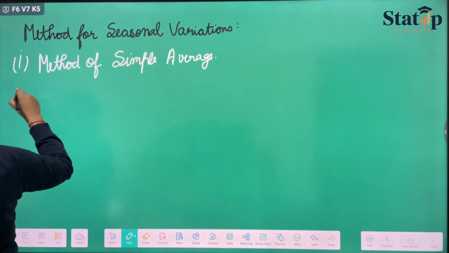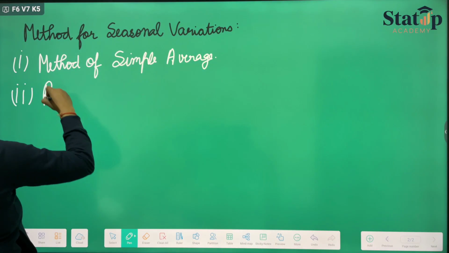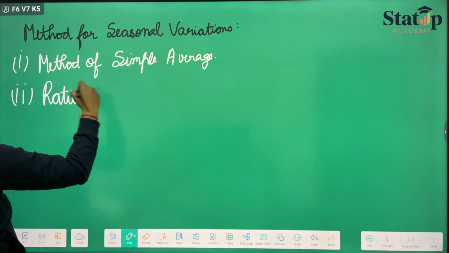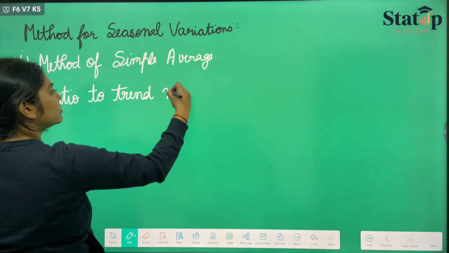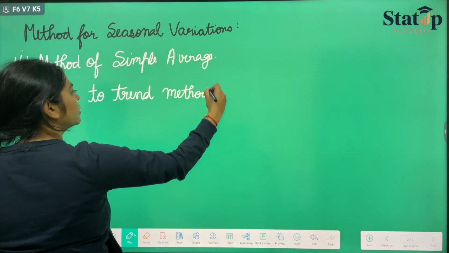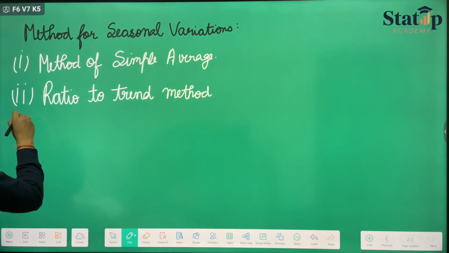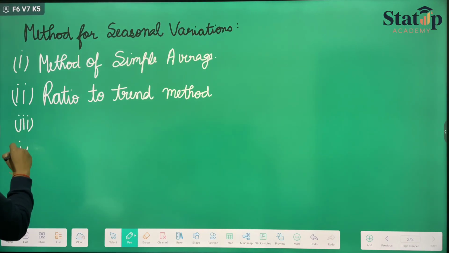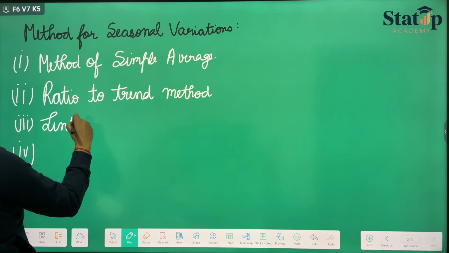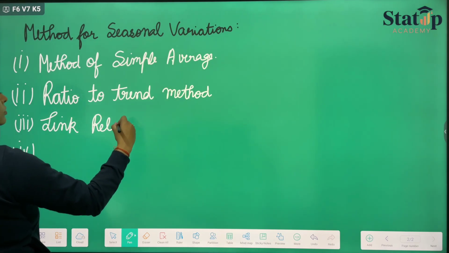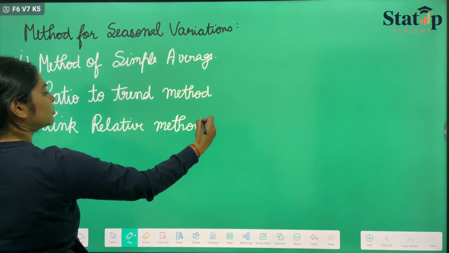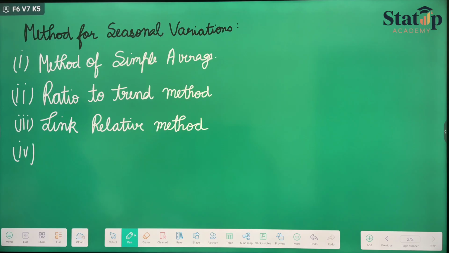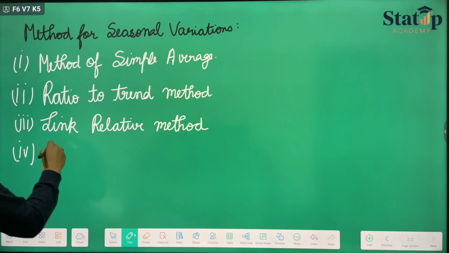Then the second is the ratio to trend method. Then the third one is the link relative method, and the fourth method is the ratio to moving average method.